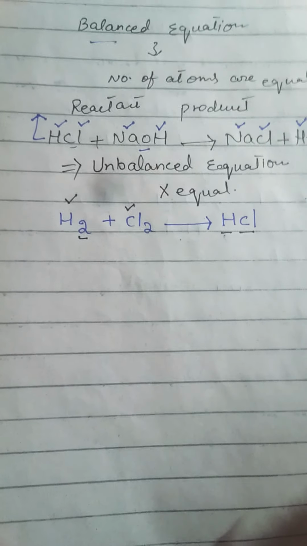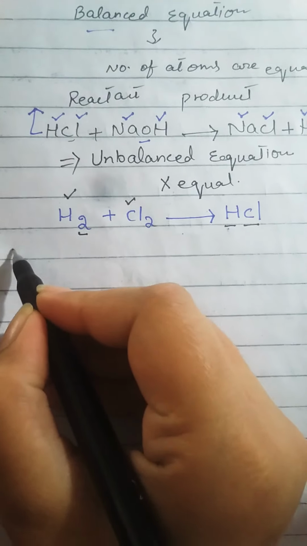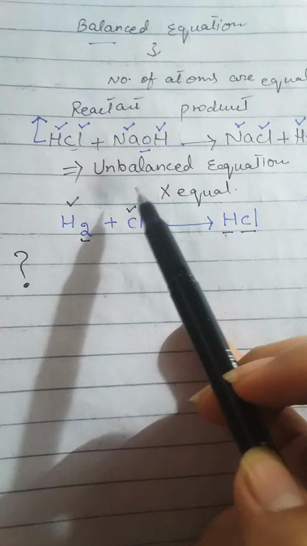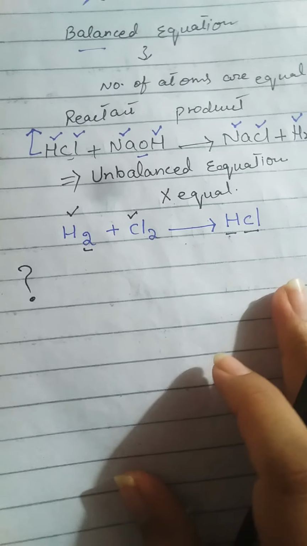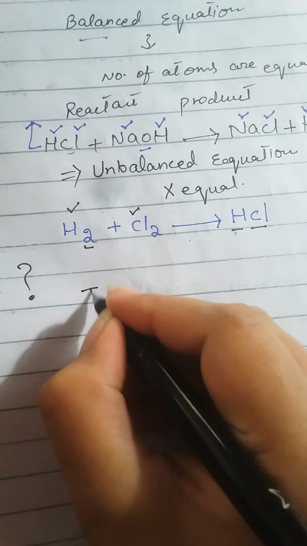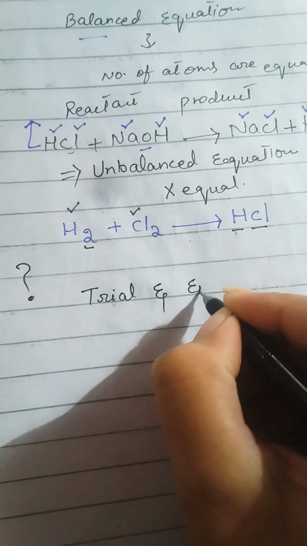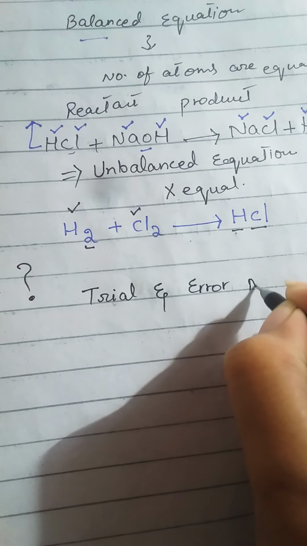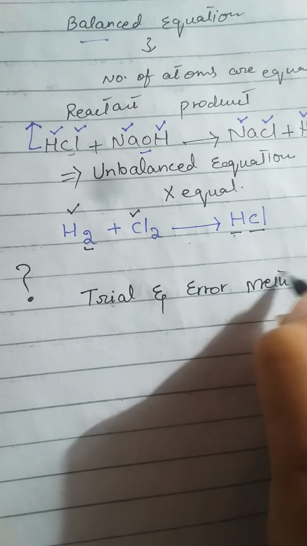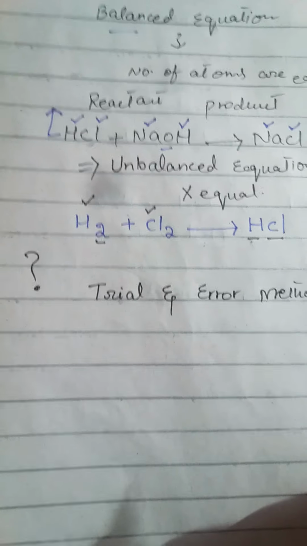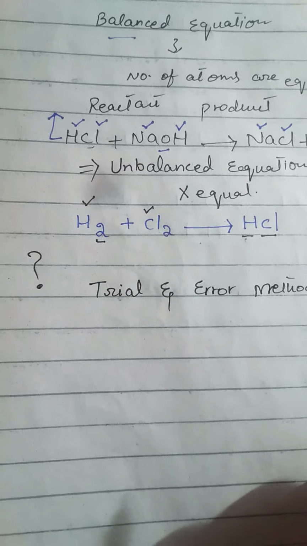Now the question arises: how can we balance an unbalanced equation? So we have the trial and error method. What is the trial and error method?